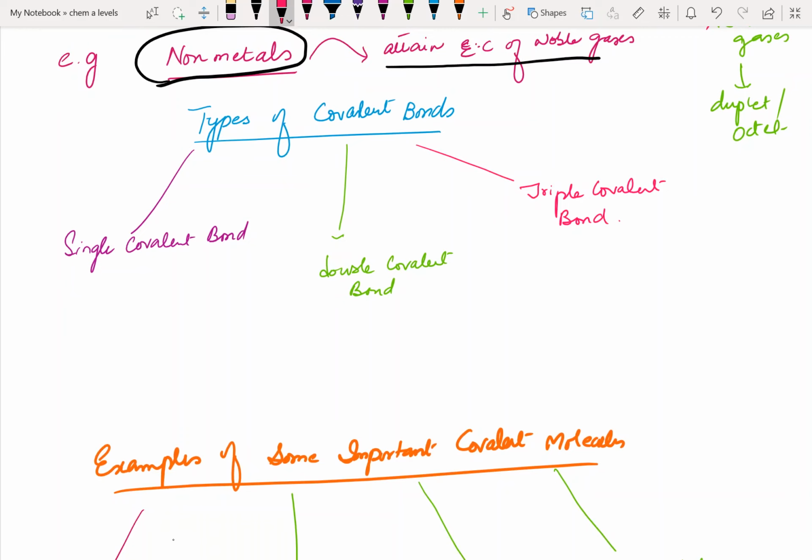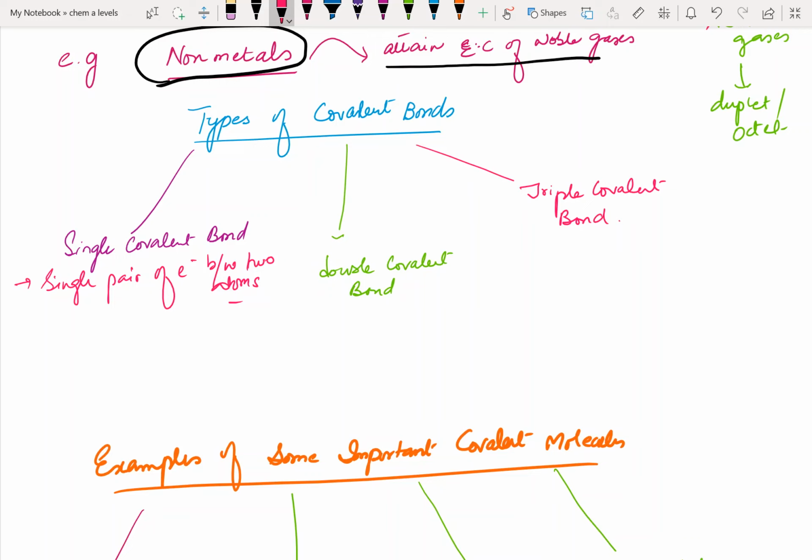Single covalent bond: when a single pair of electrons is shared between two atoms, this is called a single covalent bond.